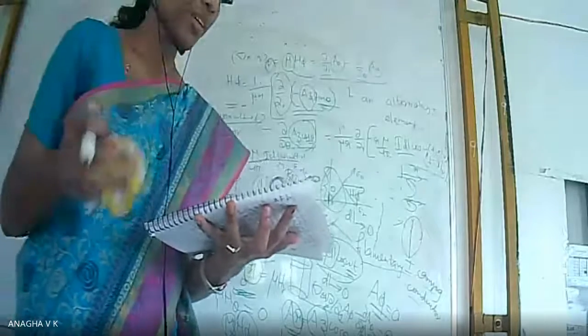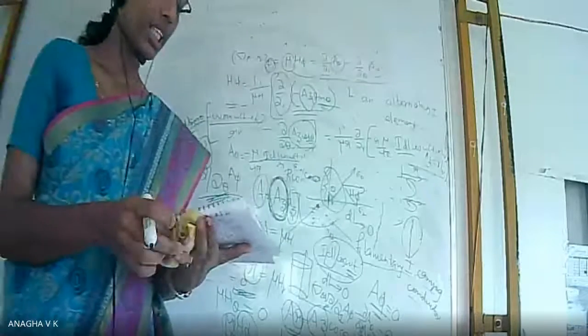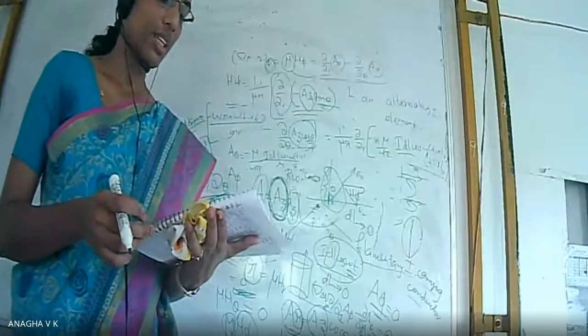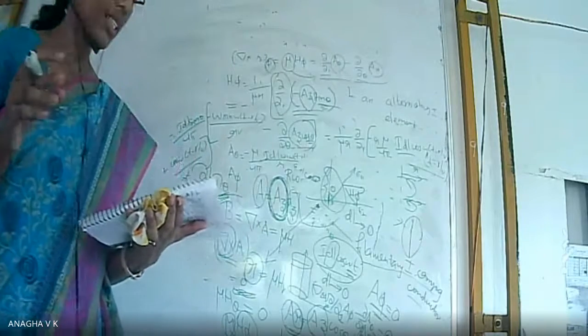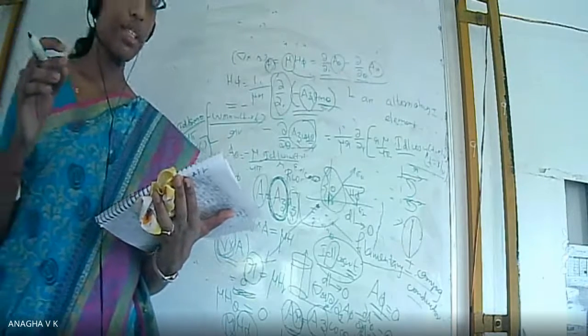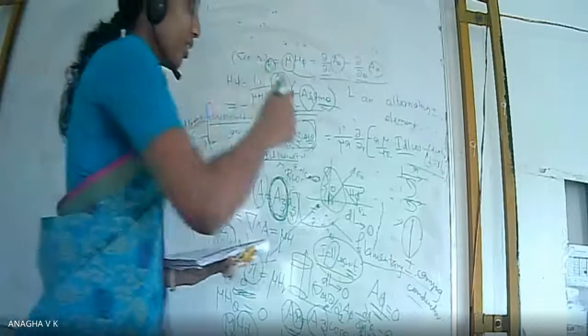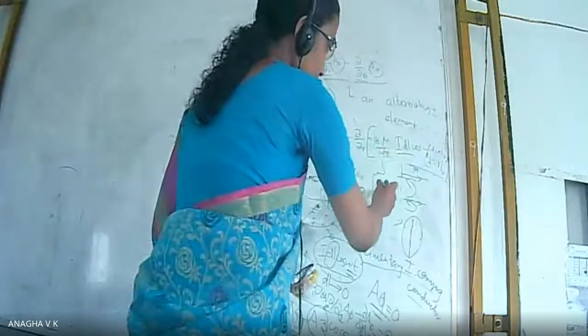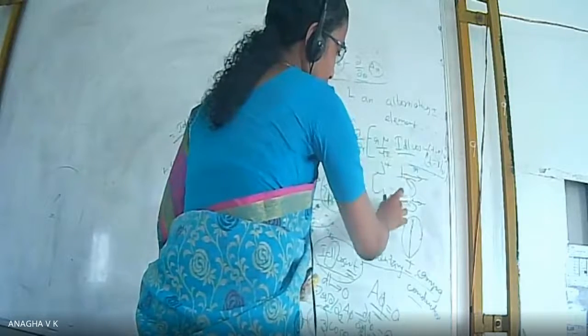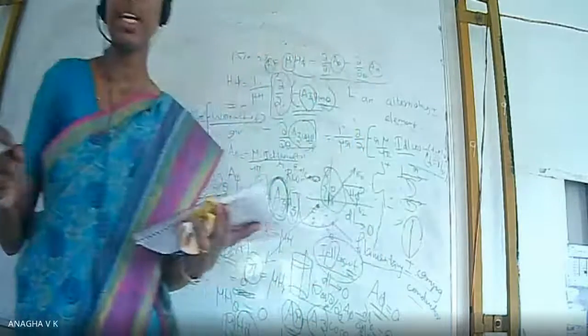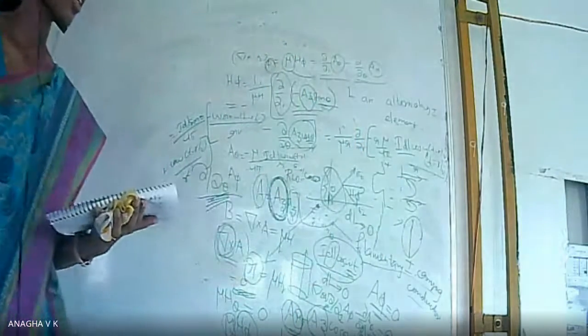The far field due to an alternating current element, or an oscillating dipole. Dipole, in the sense of a Hertzian dipole, means two poles. One pole is positive, so the other pole is negative. That's the thing.